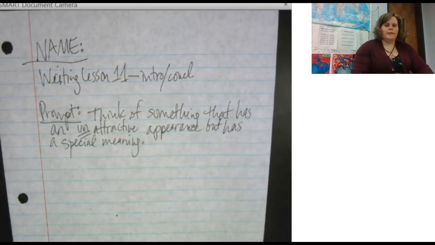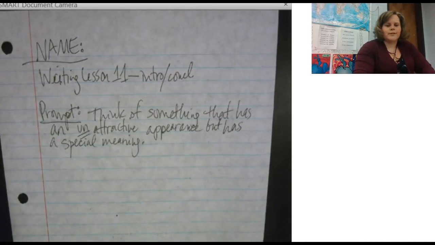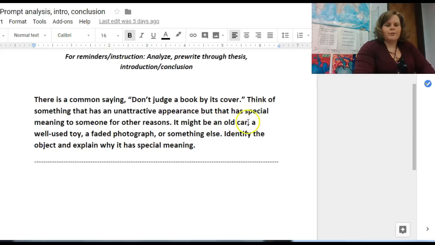So something ugly. Got it. What's the rest of it say? It might be an old car, a well-used toy, a faded photograph, or something else. Identify the object and explain why it has special meaning.